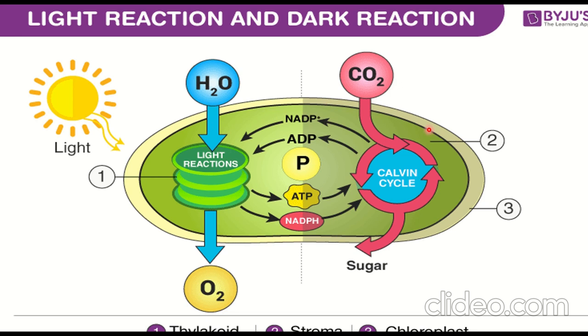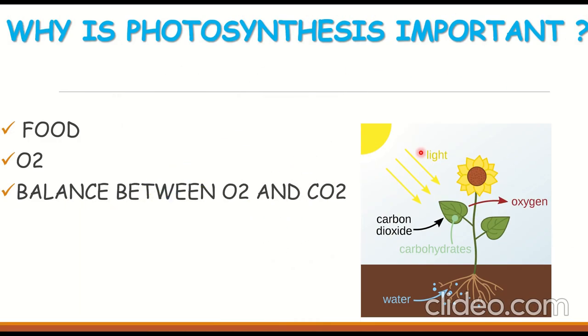Now, it carries the hydrogen, and over here the carbon dioxide is absorbed, as you see, and this dark reaction is also called the Calvin cycle or the Calvin-Benson cycle. And then this hydrogen and the carbon and oxygen form carbohydrate, which is food. So this is the light reaction and the dark reaction.